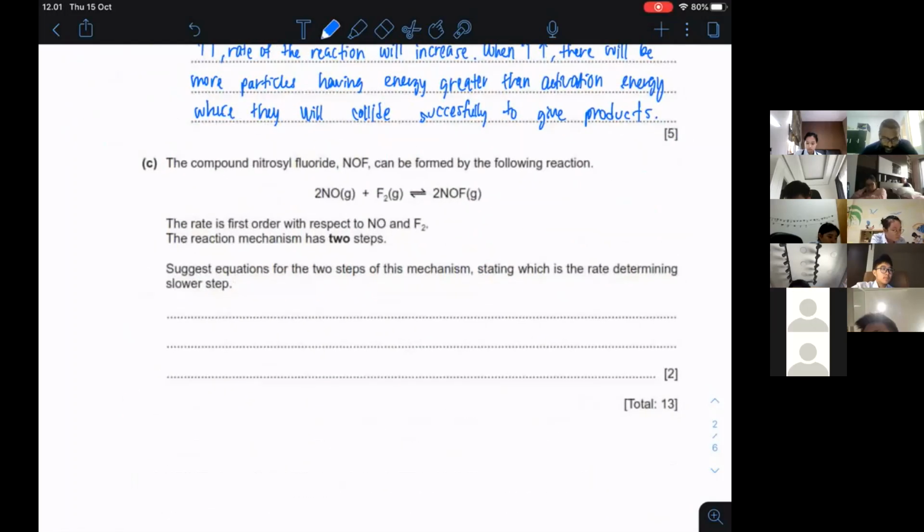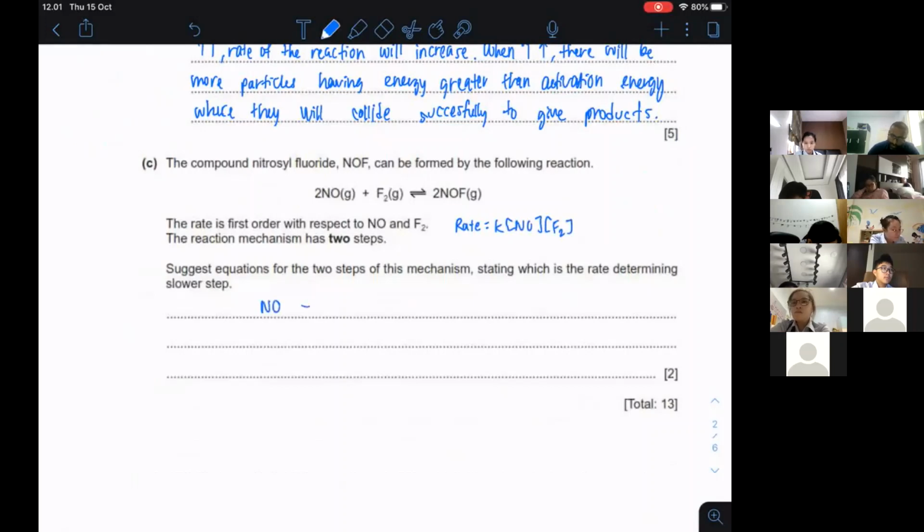This one I don't think we need to discuss. Please, I'll just write down one of it. So here they say rate is first order with respect to NO and F2 first order. So it means that your slower step must have NO and F2. This is step 1, the slow step. And do remember, first order means this one must be 1, this is also 1, to give you something.